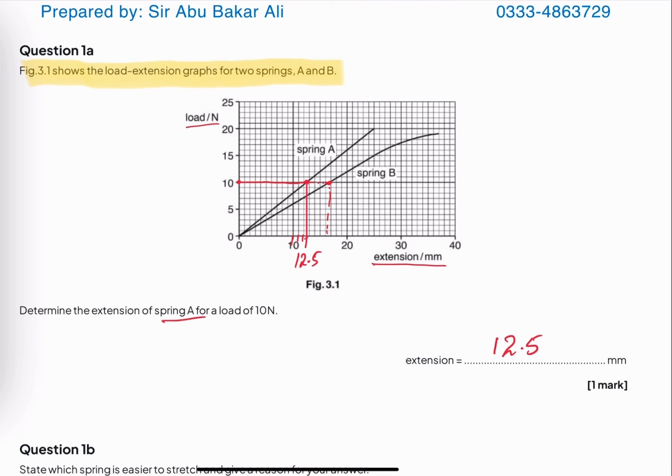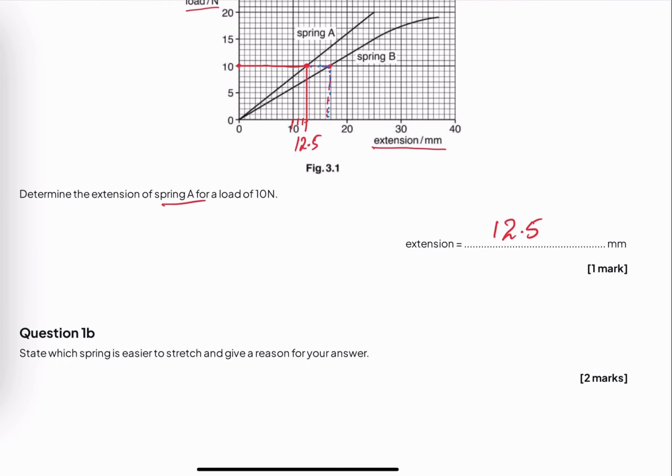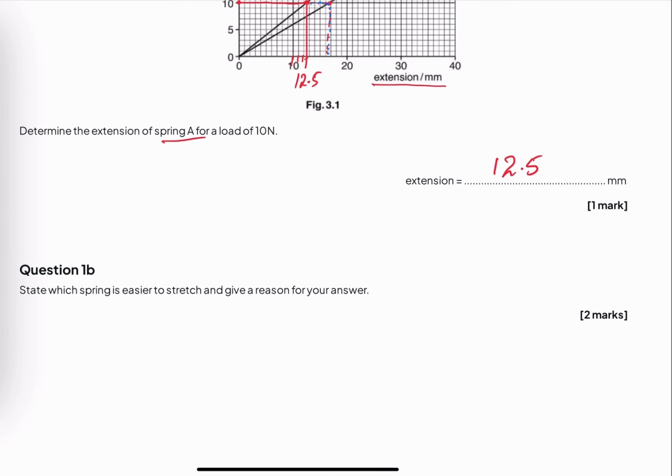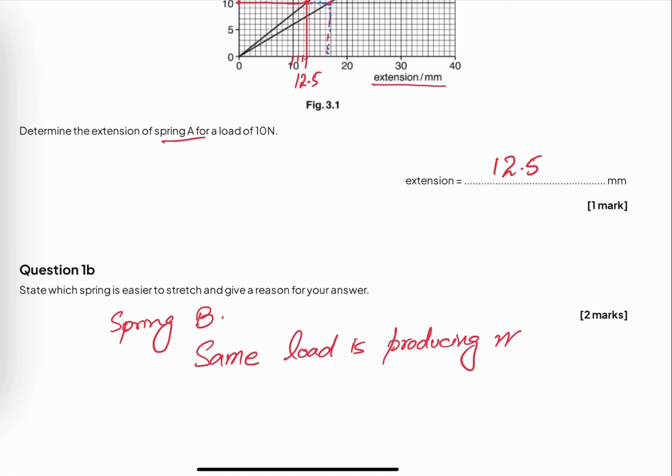So the same force is producing more extension in spring B. So spring B is easy to compress or stretch. Okay, so the answer is spring B. The reason is the same force or same load is producing more extension.